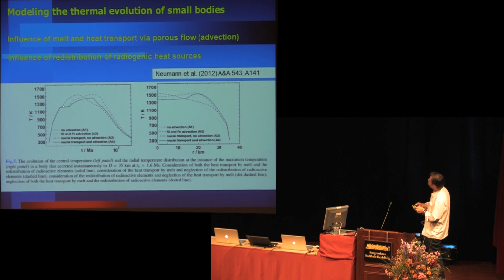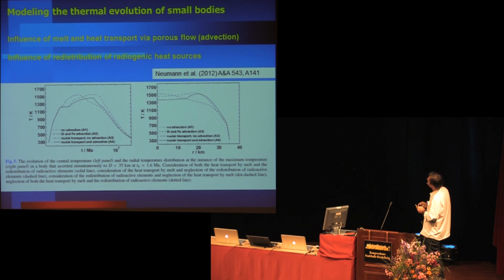Okay, so this would correspond to a curve which essentially doesn't take into account advection and redistribution of heat sources. So this is a typical onion shell model without mass distribution. So this will have a rather large gradient of temperature towards the surface.